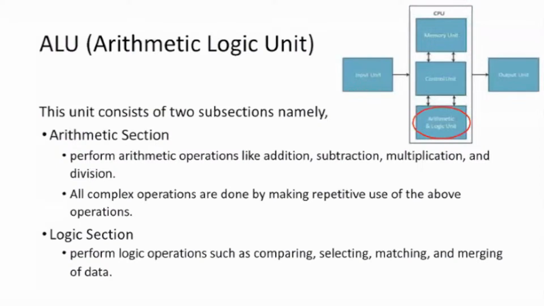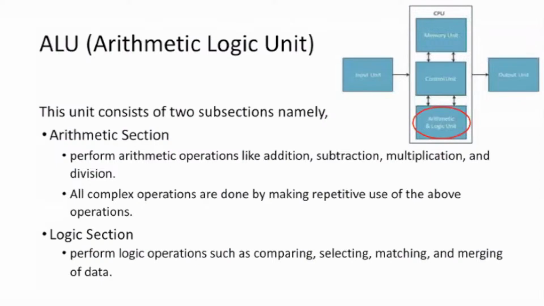Then the logic section. What is the logic section? The logical part consists of comparing two values. So comparing any values, then selecting, matching, and merging. Comparing means comparing our data. Selecting means selecting our suitable data.